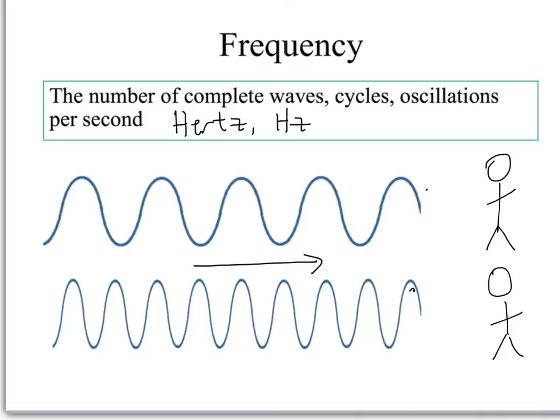So we can represent a higher frequency wave by showing a wave that's more squashed up. Okay? Not technical terms, but if you see a wave that looks like this, then this is of a higher frequency than this one here. We could also describe this bottom wave by saying that it has a shorter wavelength. So we can see that this distance is shorter than this distance. So the wavelength and the frequency are related, and we'll look at how in the next slide.